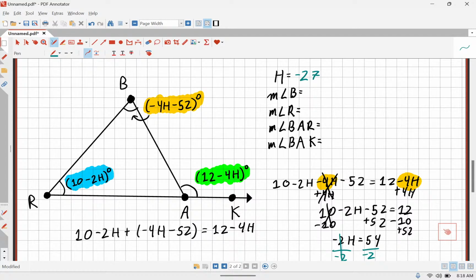Now that that's done, what on earth are we going to do about it? Jaden, what are we going to do now that we know that h is negative 27? Sure, which one do you want to do? The blue one, the orange one, or the green one?